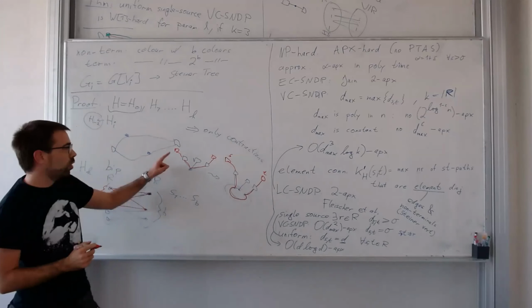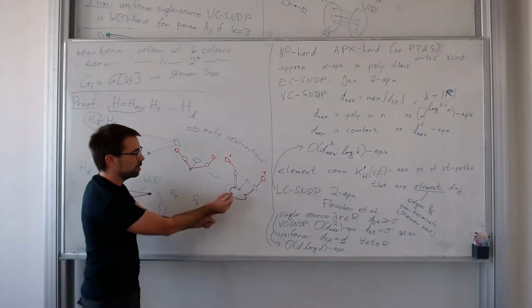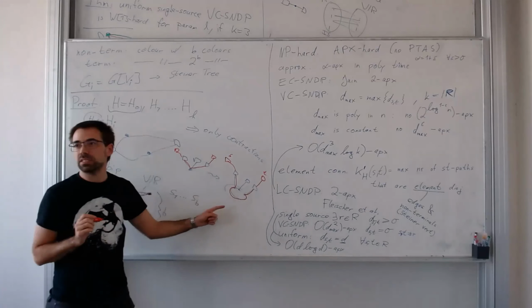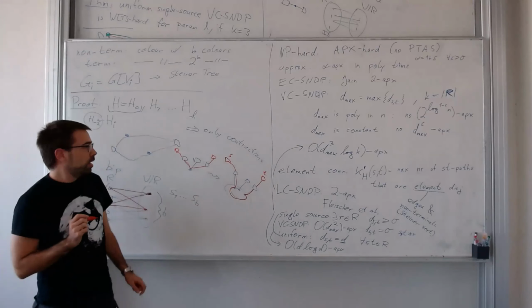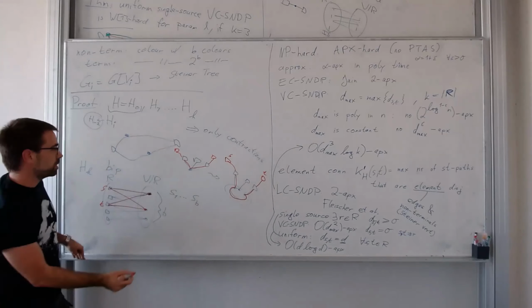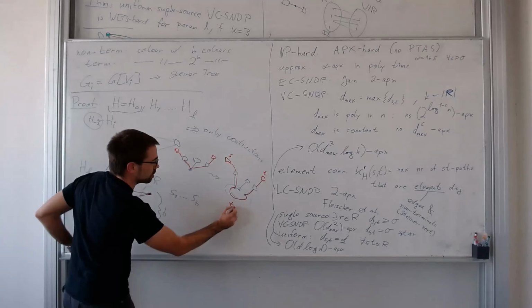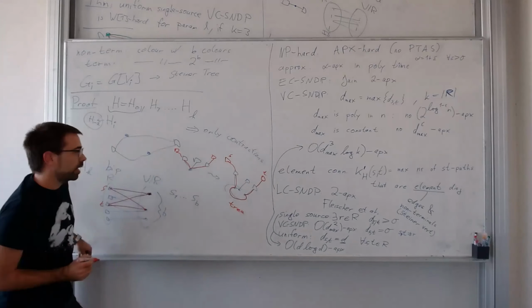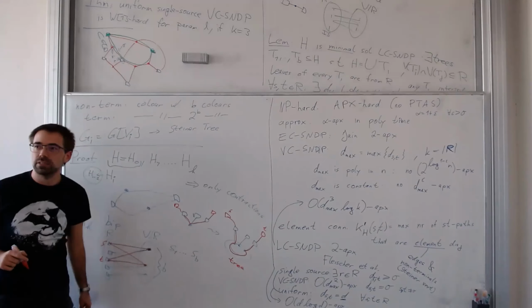And because there is no other path going through this thing, I cannot make any mistake here. That means this thing is actually a tree, which is what I needed. And I also get this condition about the paths.